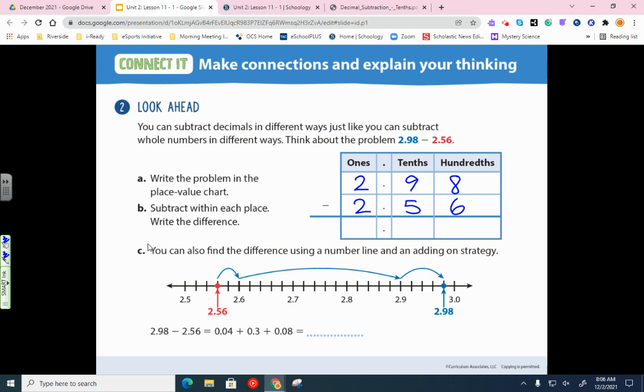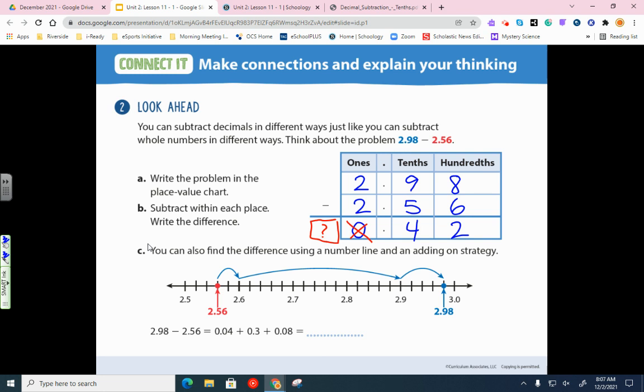Okay, so we've got our hundreds place, 8 minus 6 is 2. 9 minus 5 is 4. And 2 minus 2 is 0. You can keep the 0 there in the ones place if you'd like. That's up to you, but it's not necessary because it doesn't hold any value, and there's no digit over here. So if there's nothing over here, then this doesn't really need to be there at all. But it can be. A lot of mathematicians and people will use it.